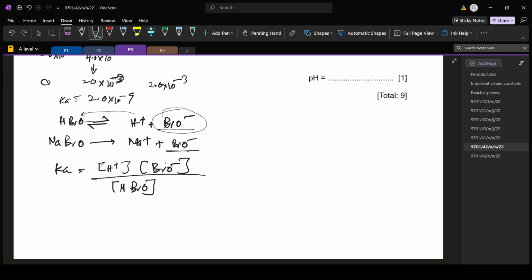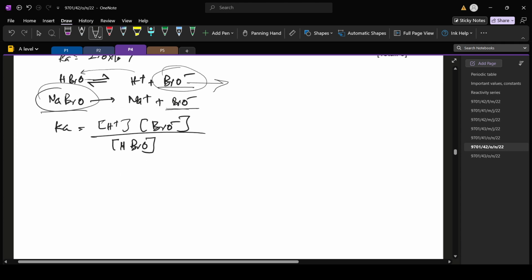The concentration of BrO minus is actually equal to the concentration of NaBrO, because the BrO minus from HBrO is very negligible. So the main source of BrO minus is actually NaBrO.